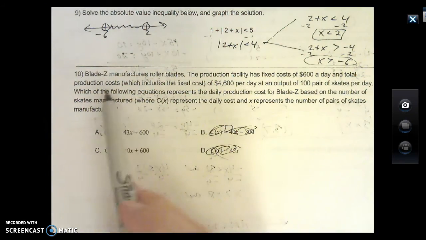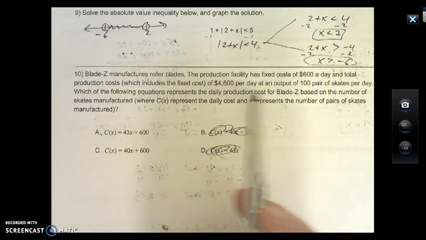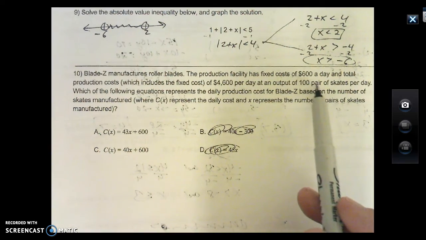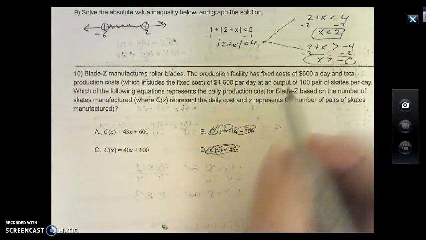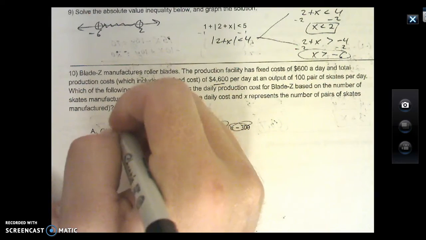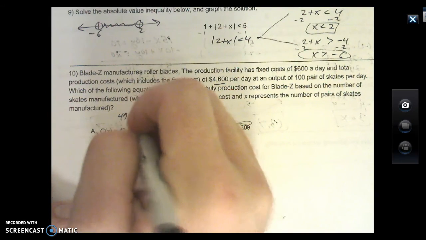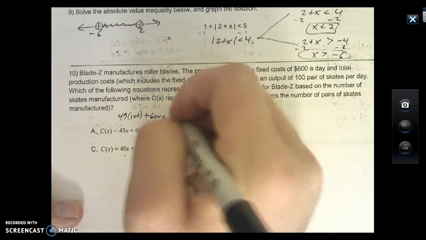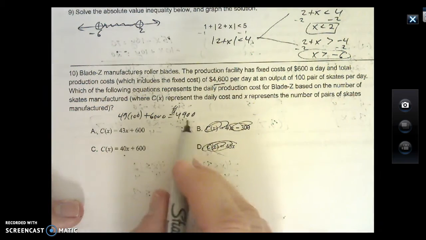So the total production cost is 4,600 at an output of 100 pairs of skates per day. So if I plug 100 in for X, I should get 4,600. So check out down here. If I plug in a 100 for X for the first one, I'm going to get 4,900. That's not what I want.